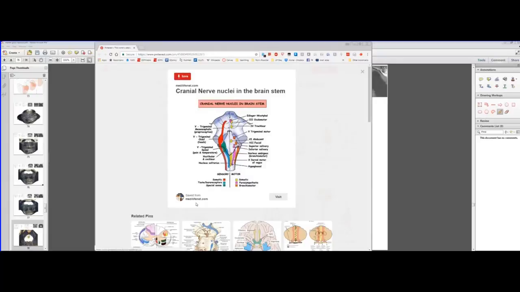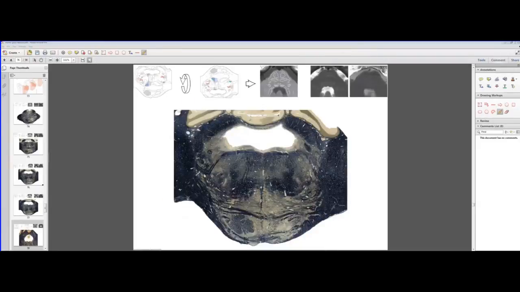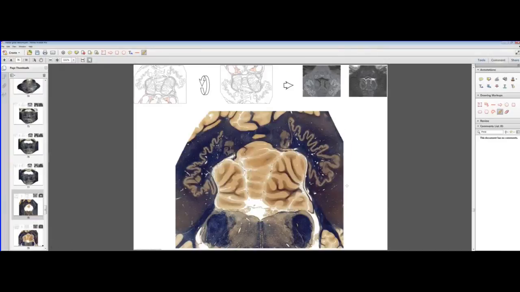So these sorts of diagrams, for me anyway, help me relate back to the internal anatomy. Now we're getting into where the inferior cerebellar peduncle is.